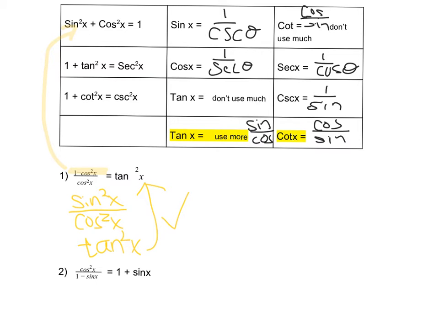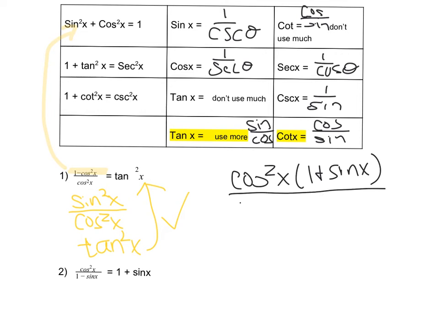I'm going to multiply the numerator, using the space up here. So now I'm going to have cosine squared x, and then I'm going to multiply that by 1 plus sine x. I'm not going to actually do the multiplication though. Then in the denominator, I'm going to do 1 minus sine x times 1 plus sine x, which is these 2 guys. That's what I just multiplied both of them by: 1 plus sine x.